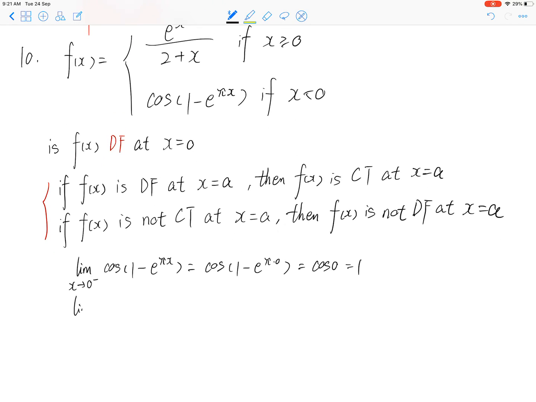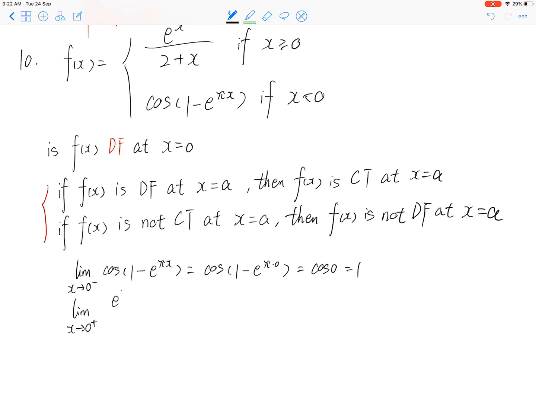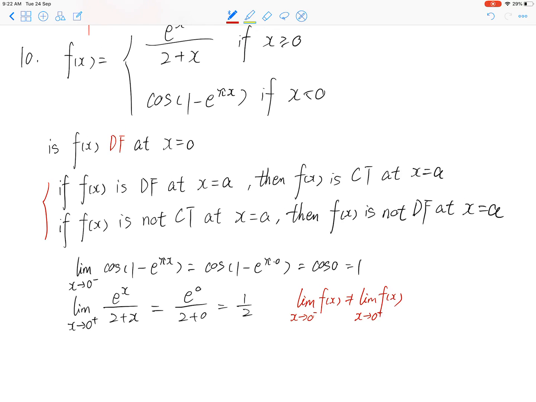What about the limit from the right? It's e to the power of x over 2 plus x. You can also substitute in: e to the power of 0 over 2 plus 0. It's one half. You can see the left does not equal the right, which means the function is not even continuous.